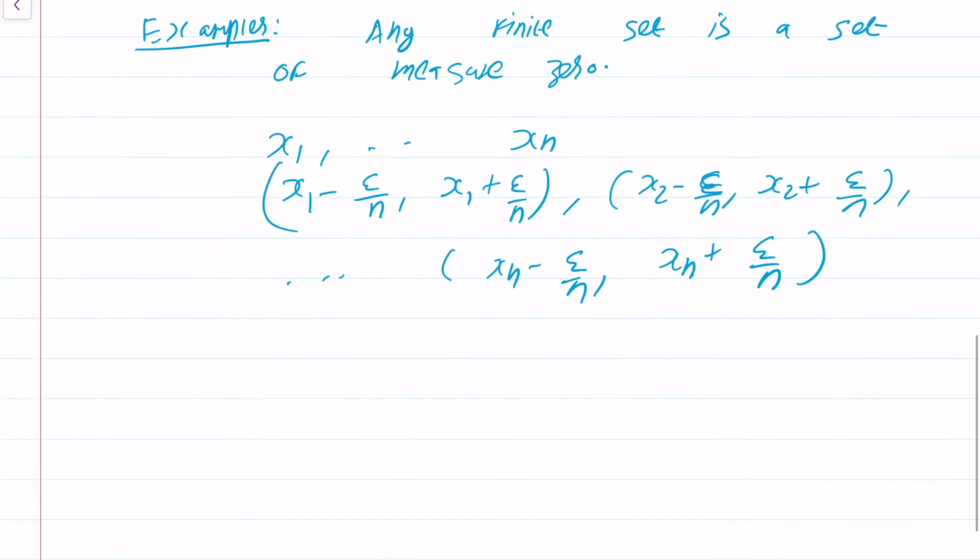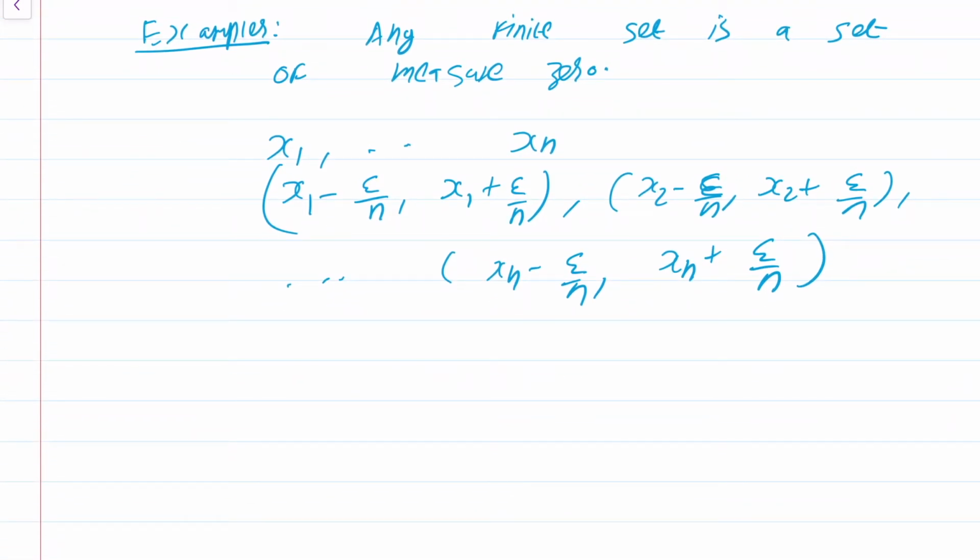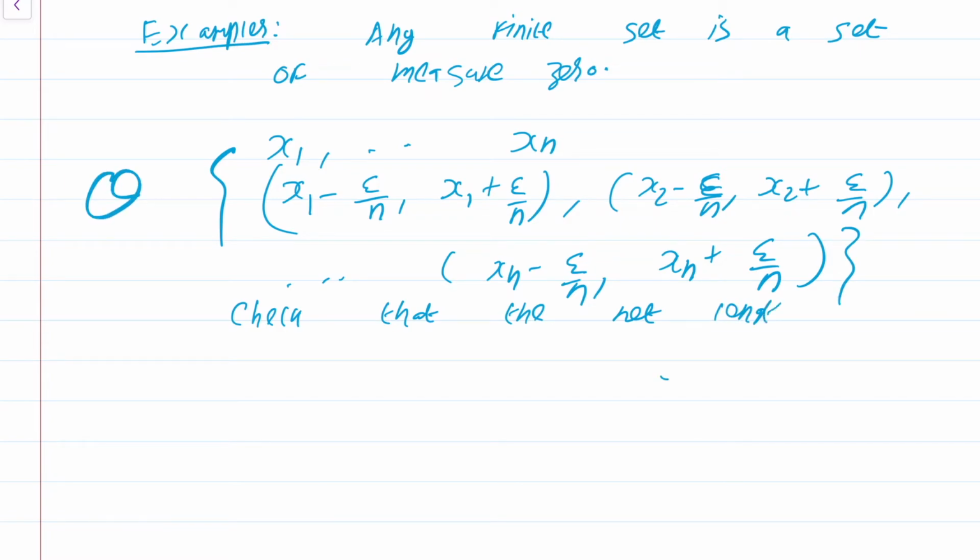Now the way I have done it, you will get an additional factor of 2, but I want you to check that the net length of the intervals in this set O is less than 2 epsilon, I believe.